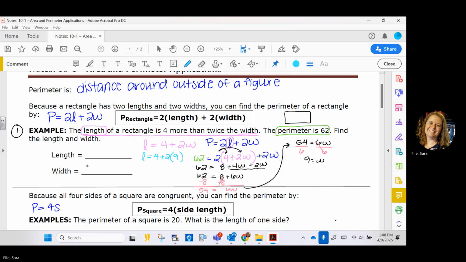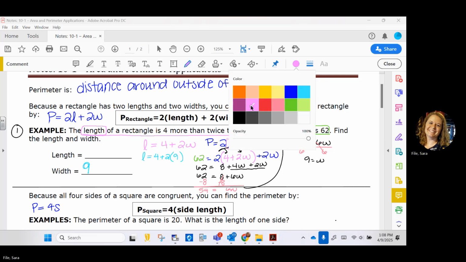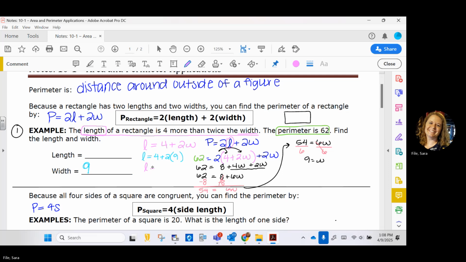The width we came up with was 9. So when I solve this, I end up with 4 plus 18. I get 22. So the length is 22 and the width is 9.